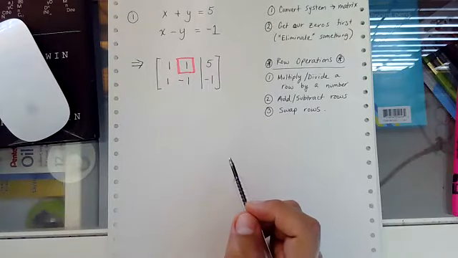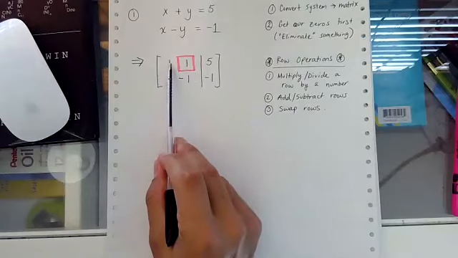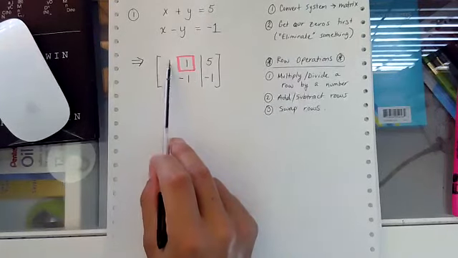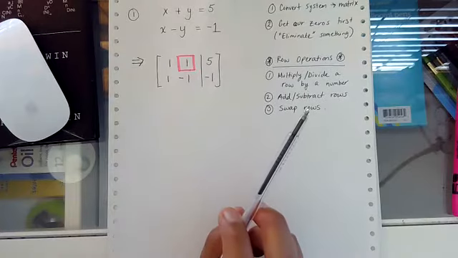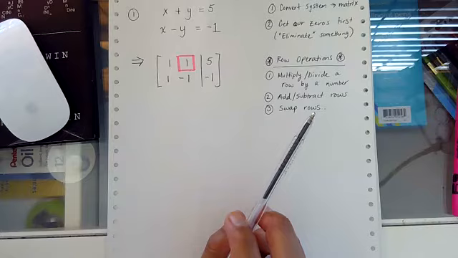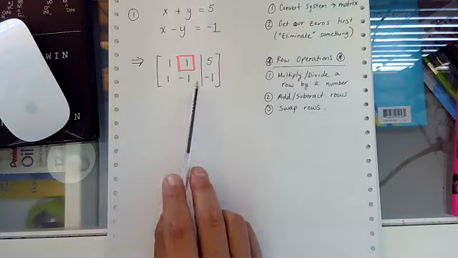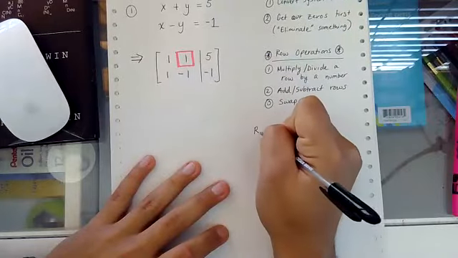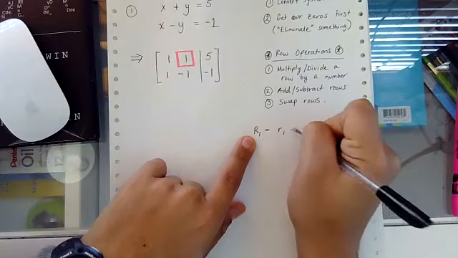But what does multiplying by 1 do? It won't give us 0. Multiplying by 1 is just going to keep everything the same. Adding them. Yeah. Let's just add our rows together. So my new row 1 is going to be row 1 plus row 2.